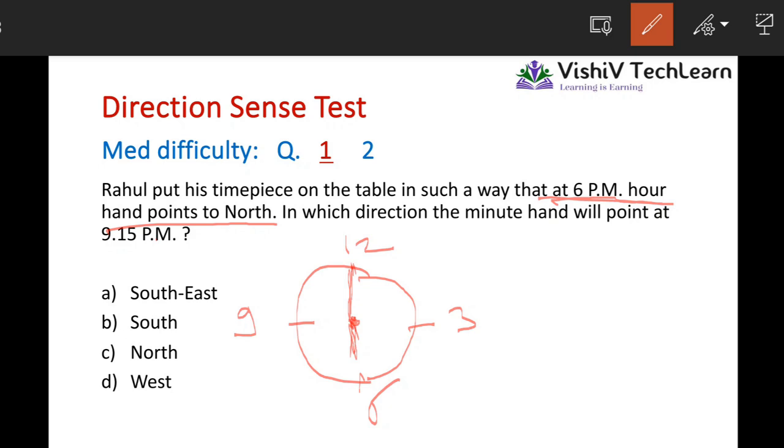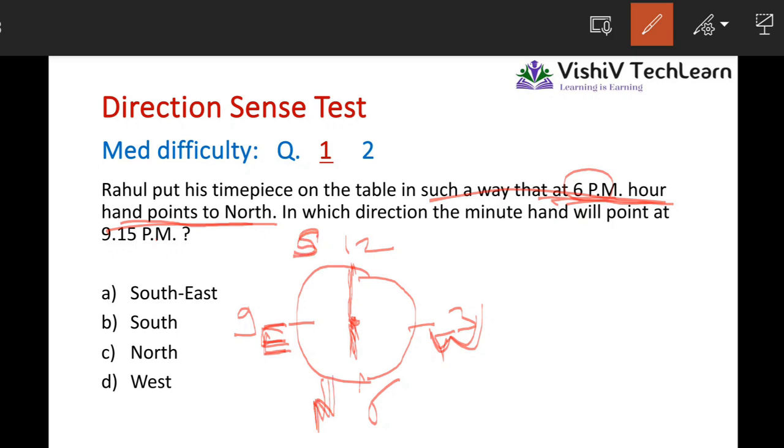Now at 6 p.m. the hour hand is pointing towards north. So this is the hour hand, and if it is pointing towards north, this will be the north direction. Opposite to north there will be south, and if this is north then this must be east and this must be west. So this is how we have east, west, north and south.